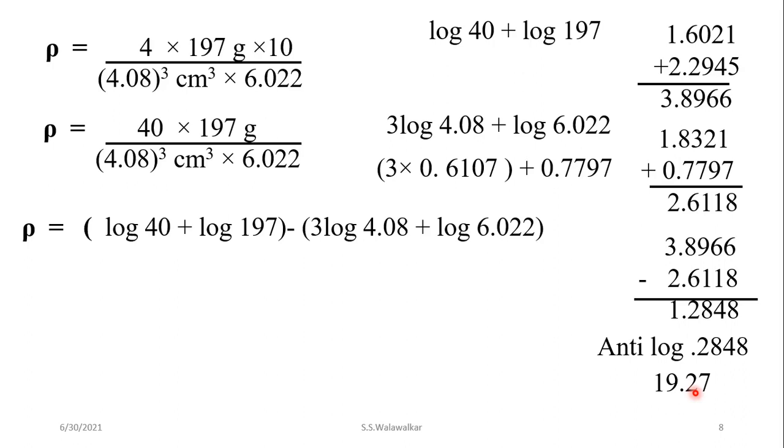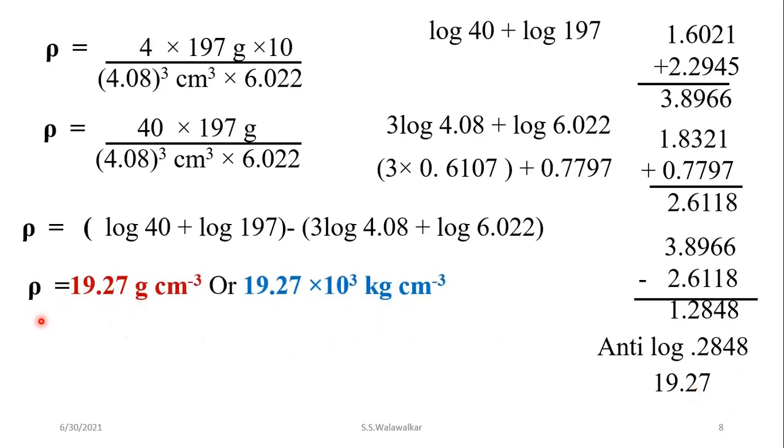So 19.27. So here rho, that is density, is equal to 19.27 grams per cubic centimeter, or in SI unit it is 19.27 into 10 raised to 3 kg per cubic meter.